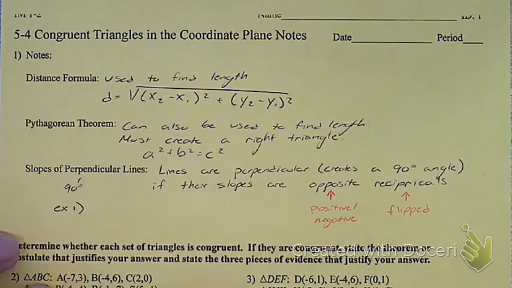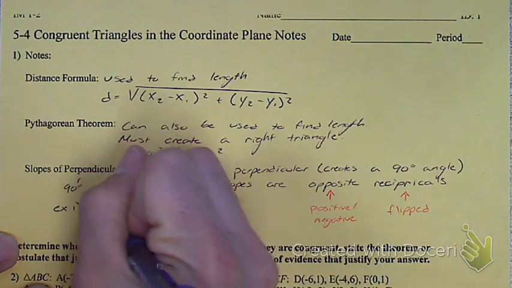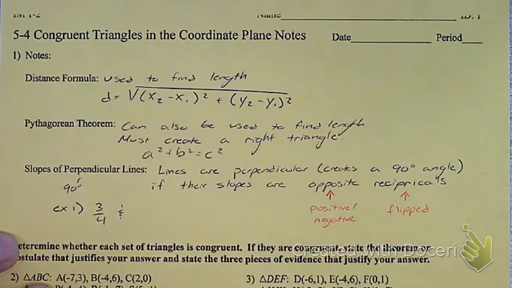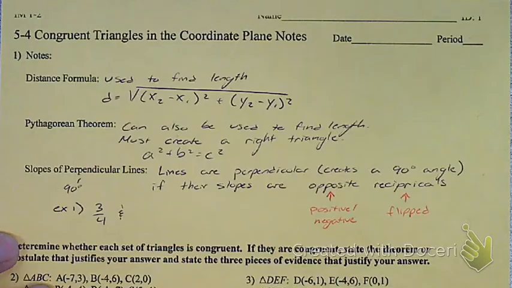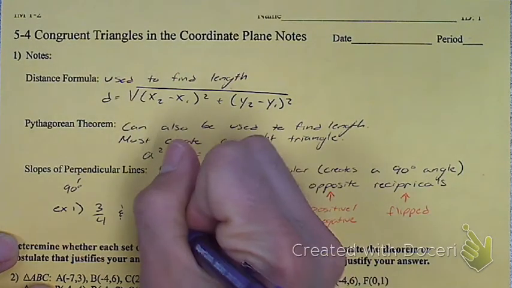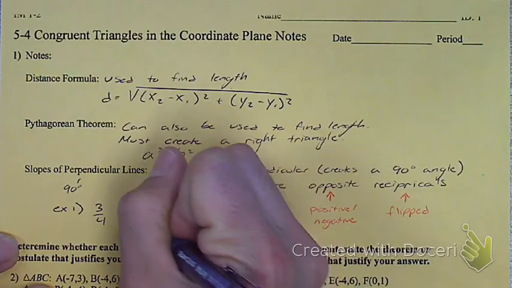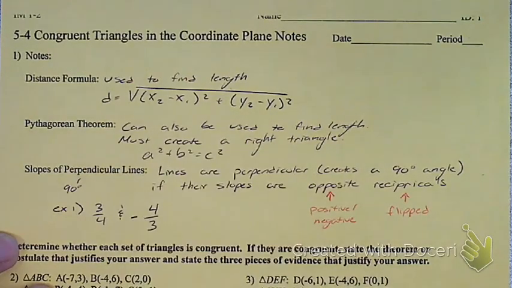So an example of this, if I have 3 over 4, what does that become? So I heard 4 over 3, and you need the negative. Good. Because now it's the opposite, so positive and negative, and it's flipped.